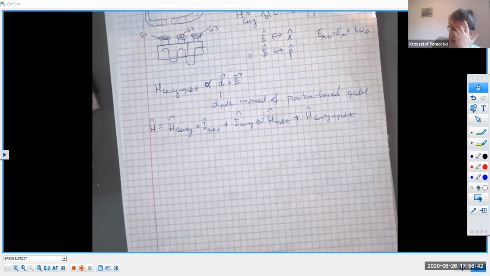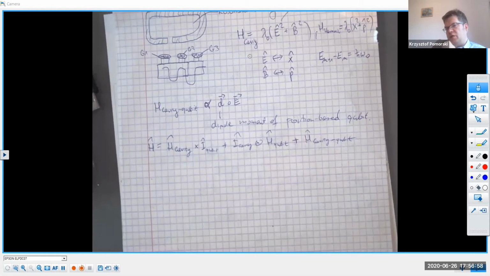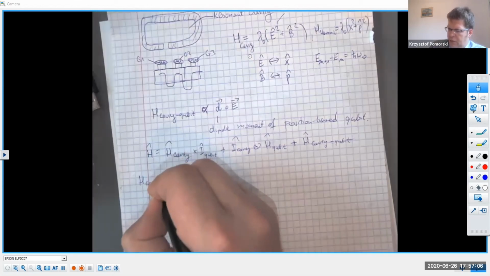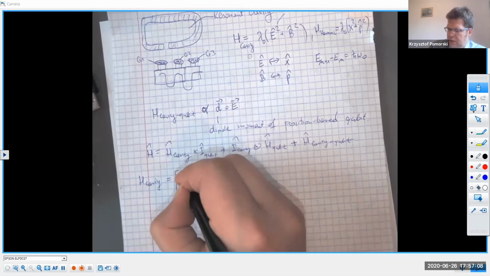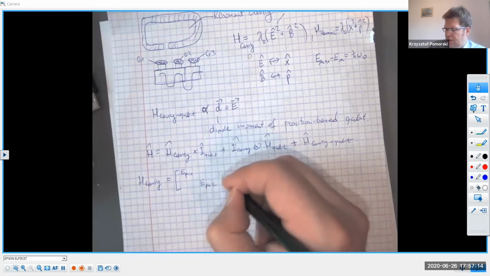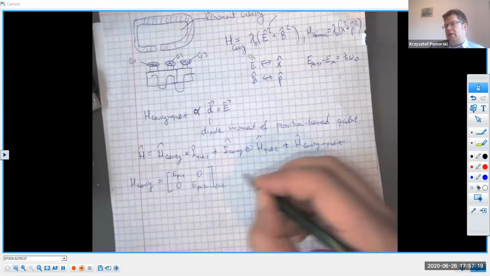So let's say the most minimalistic situation is where you have at least two eigenenergies in the cavity and two eigenenergies in a qubit. So let's say your cavity will be this, V1, V2. Let's say such thing as here. So a 2 by 2 matrix, right?